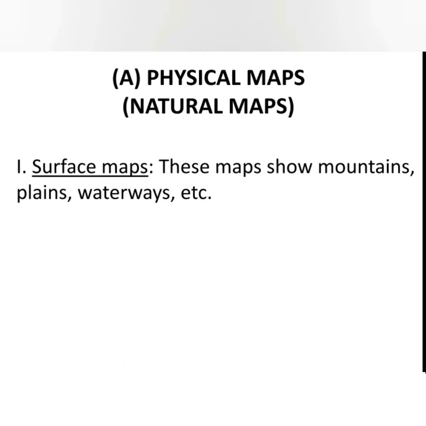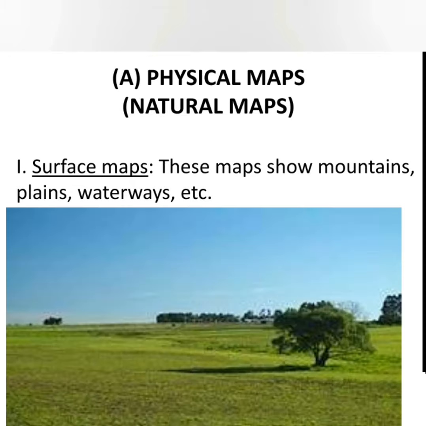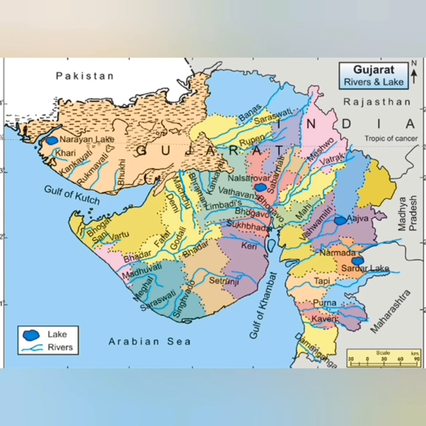Students, do you know what is the meaning of plain? Students, plain means a large area of flat land with few trees. Students, in the previous lecture we understood the meaning of conventional signs and also learnt how to find them in a map.